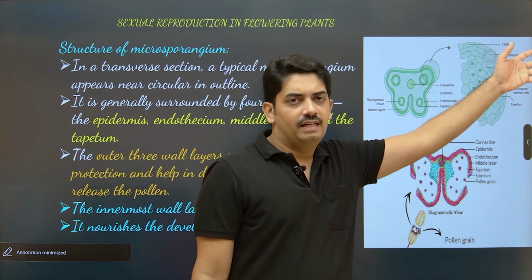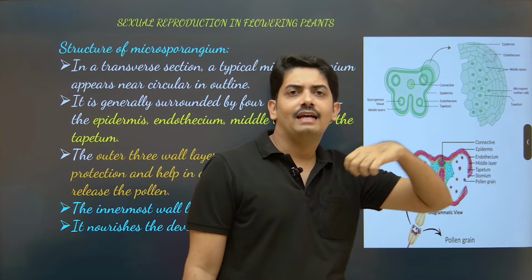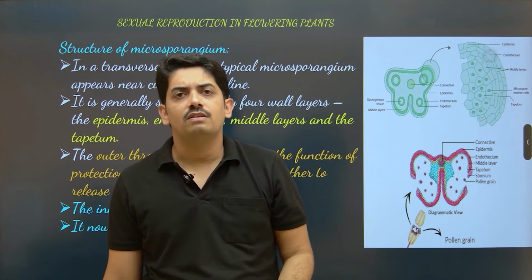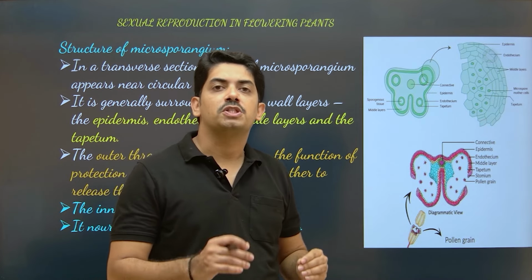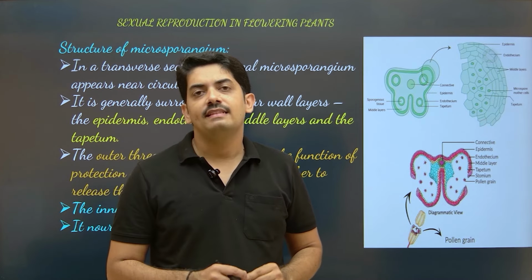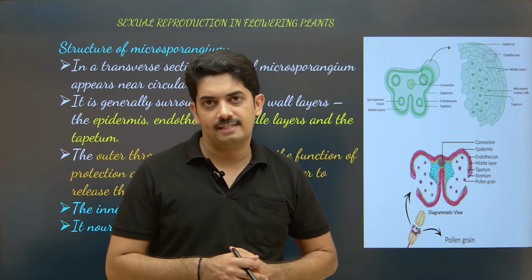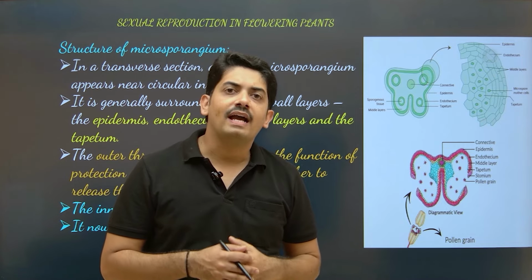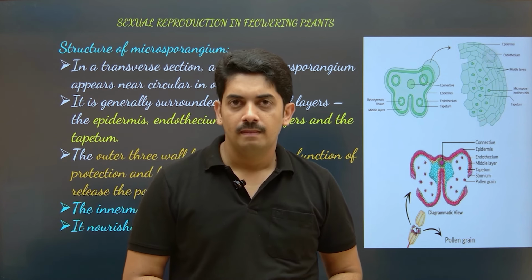There is one interesting aspect about this tapetum. All the cells, epidermis, endothecium, middle layer, are the type of cell where only one nucleus is present. But tapetum is a specialized type of cell. At the time they are formed, they have two or more nuclei. Now the question comes, why do they have two or more nuclei and what is their role?